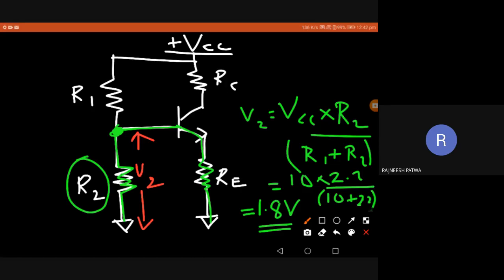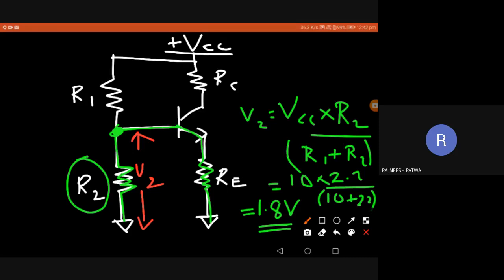That is why we have standard biasing techniques, where the resistance magnitudes always matter. You can see the R2 value is 2.2 kilo ohm, which is less than R1, which was 10 kilo ohm.